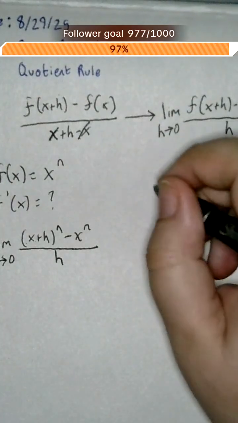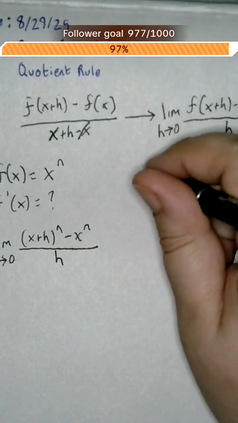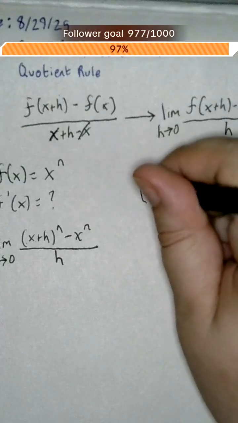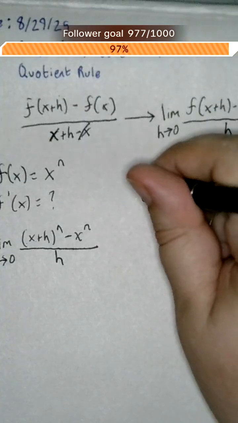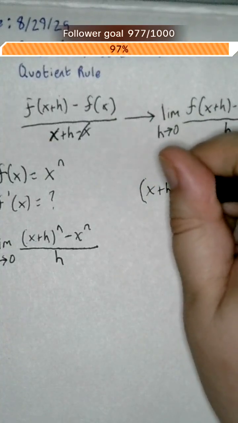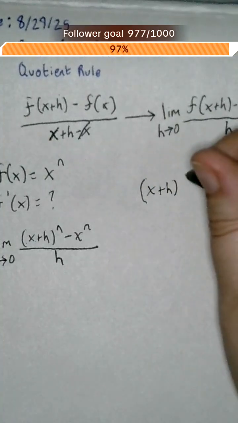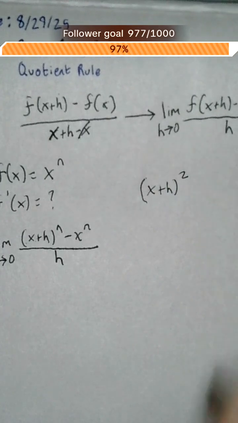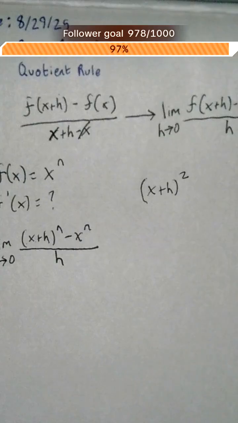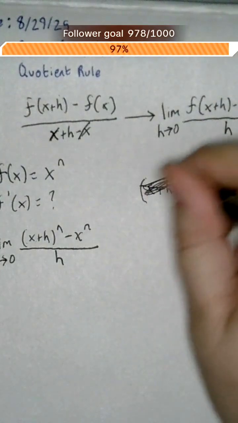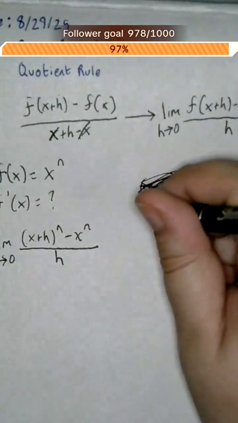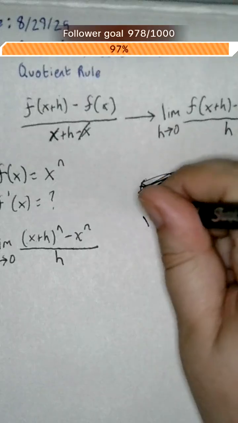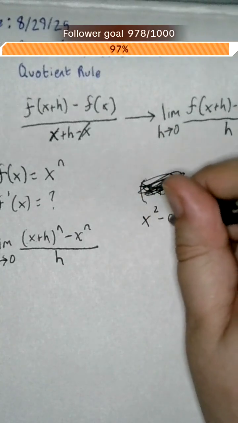Well, there's a pattern. So here, I'm going to show you something to continue. So let's let n equal 2. Oh, sorry. That's not what I want. Let's let n equal 2. So this means x squared minus a squared.